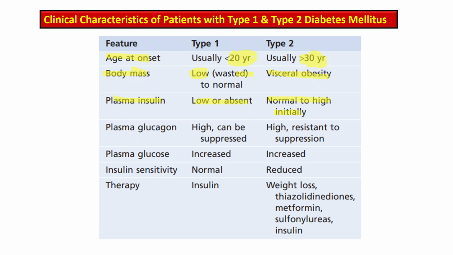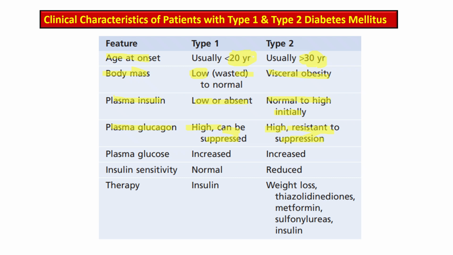The plasma glucagon level in type 1 can be high but can be suppressed. So the plasma glucagon level in type 2 is high and it is resistant to suppression.